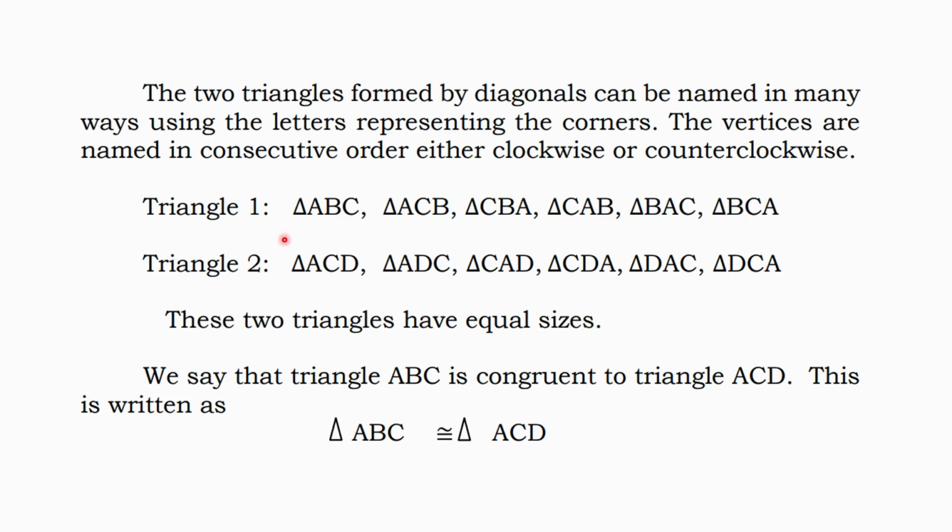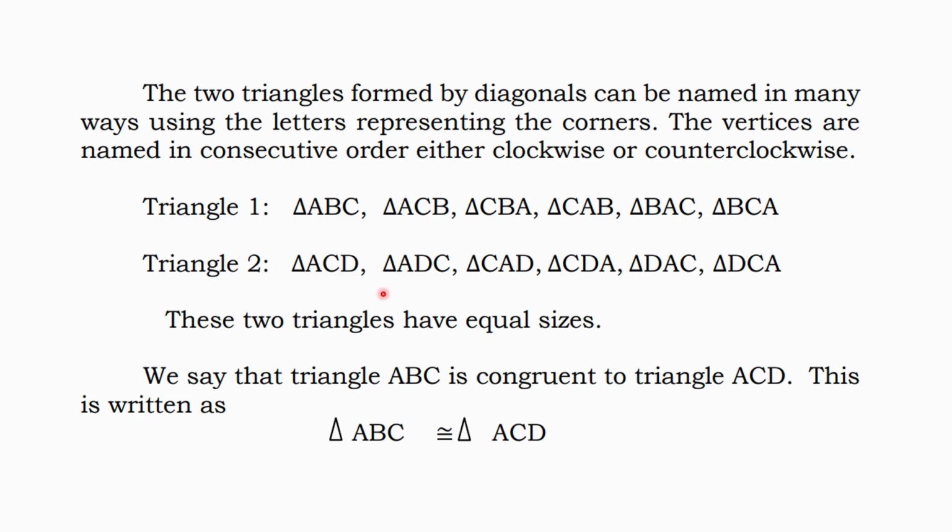Triangle 1: triangle ABC, triangle ACB, triangle CBA, triangle CAB, triangle BAC, and triangle BCA. So it can be named either clockwise or counterclockwise.